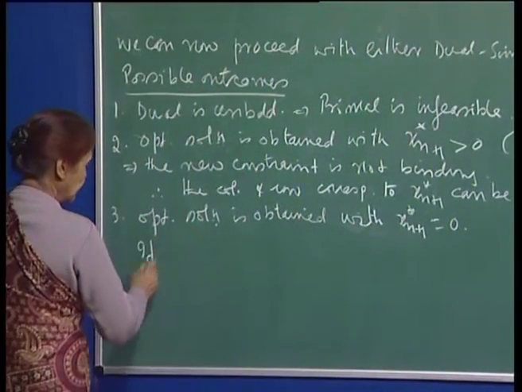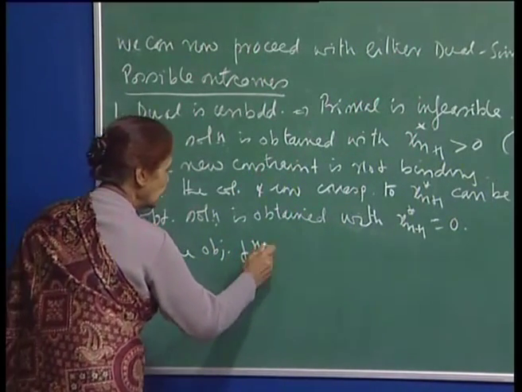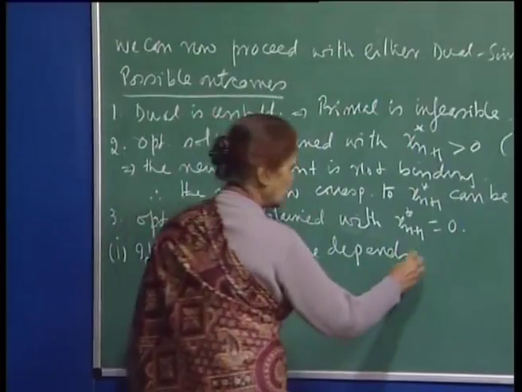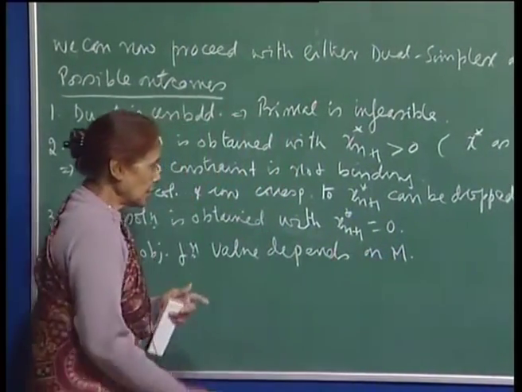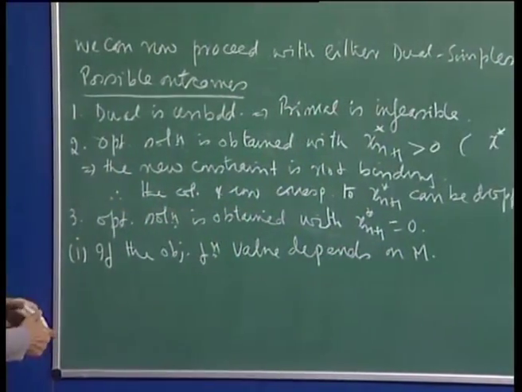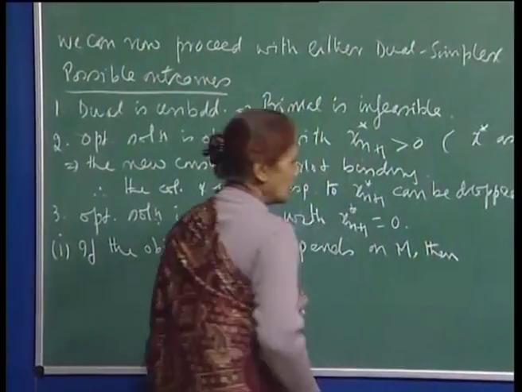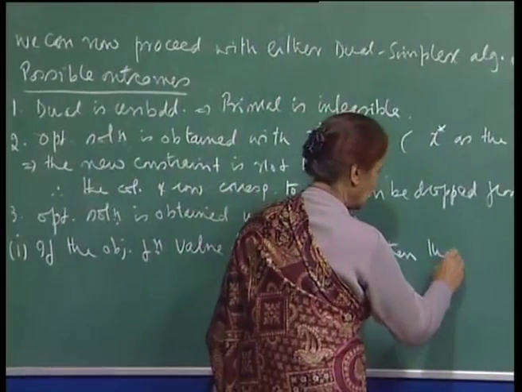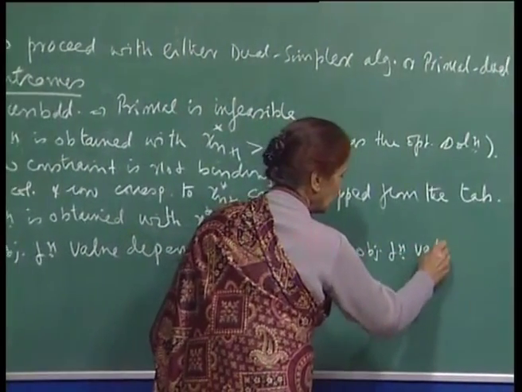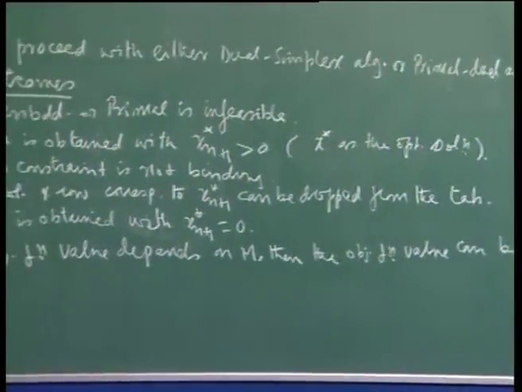Now, this is case 1, if the objective function value depends on M, as a function of M. See, we do not know at the final tableau, this is equal to 0, and if the objective function value depends on M, then the objective function value can be decreased.